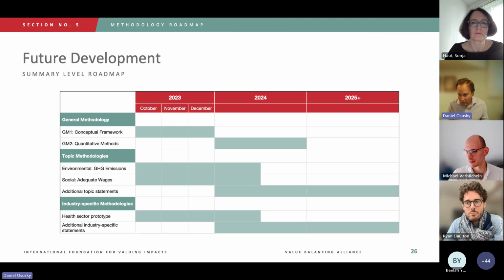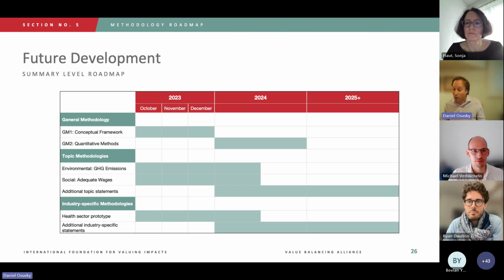In doing so, we are really aiming to create some efficiency in the ecosystem and not require the duplication of work for those who are interested in applying impact accounting. At the same time, we do see opportunities for the work that we are doing to influence and support the implementation of those various initiatives. So we see that as a bi-directional relationship in which we are able to provide some support and feedback to them. We are developing a methodology that we believe will help companies meet their requirements regarding some of those expectations, and at the same time, we are building our methodology based off of the work and conclusions that they are making as well.